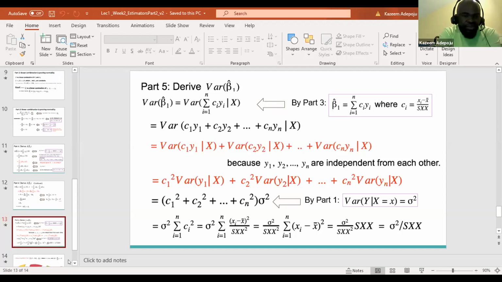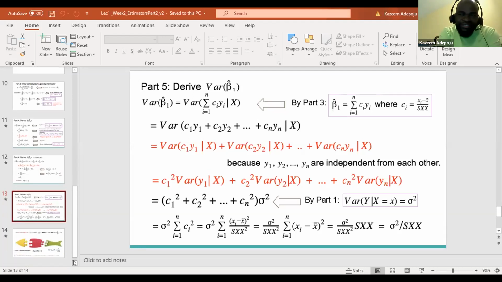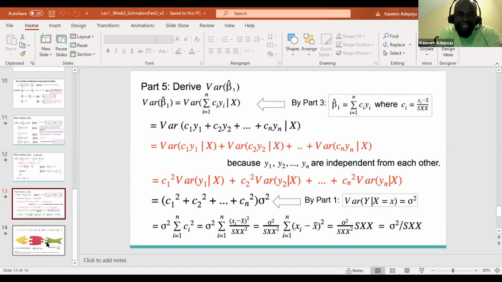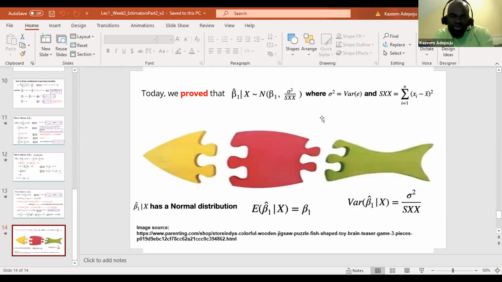Now, this is the last slide for this one, which means I want to give you the summary of what we have done today. We proved that beta 1 cap given x follows a normal distribution with this mean and this variance.